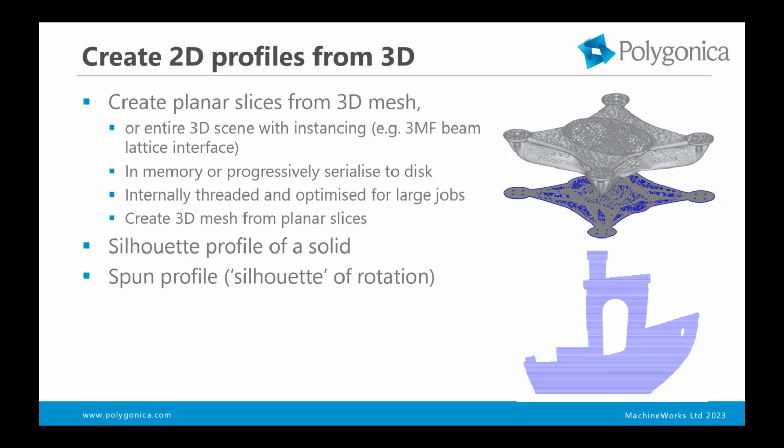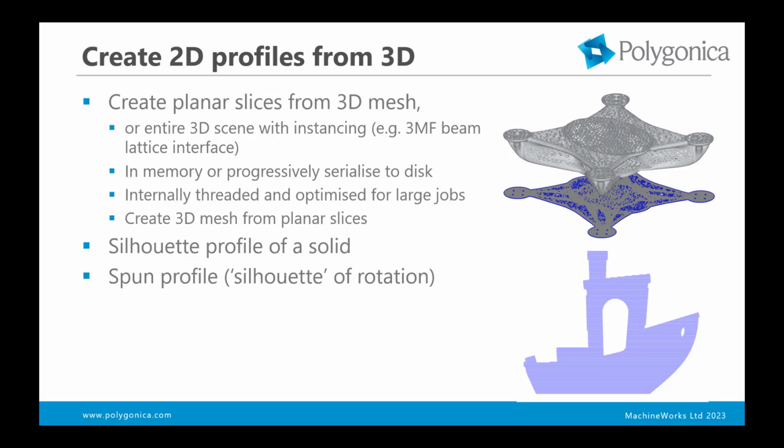So that's really, really useful if you want to do that, because if you create a lot of those meshes, then it takes a long time. The slicer can be used fully in memory, or you can progressively serialize the results to disk. Obviously, it's internally threaded and it's optimized for large jobs.